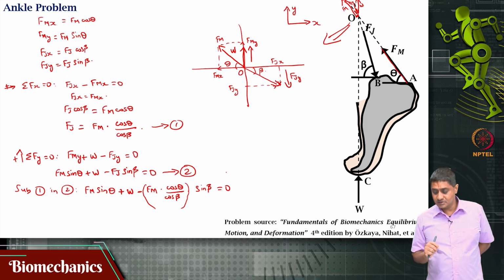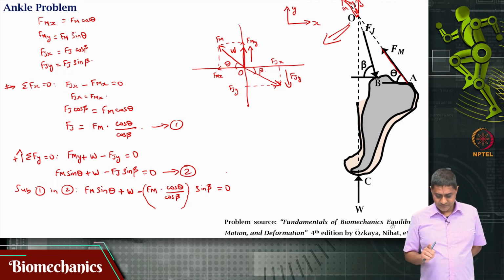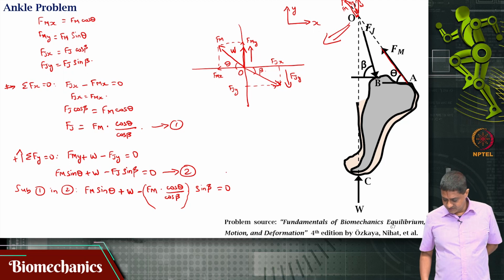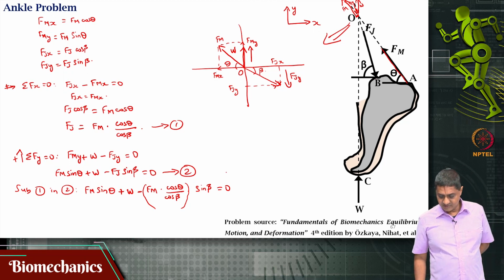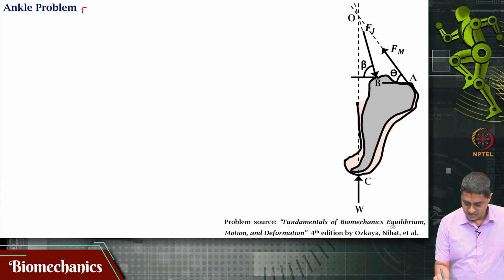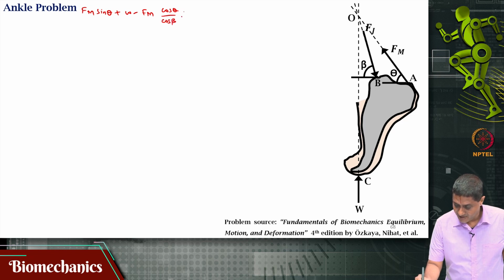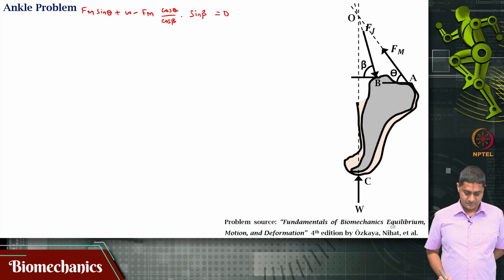Now, in this equation, theta and beta are known and W is known. Let me rewrite this equation in the next slide and then we will proceed. Fm sin theta plus W minus Fm cos theta by cos beta times sin beta is 0.